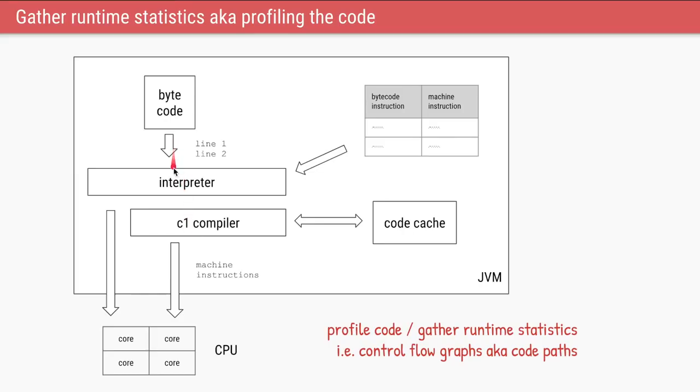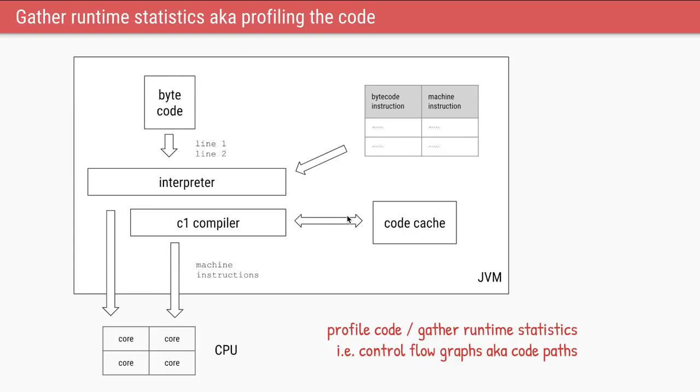So now the bytecode is being interpreted, and the methods which are used frequently are compiled and used from the code cache. Your application keeps running for a while, and in the background the JVM will start collecting runtime statistics of how your code is being executed, and this is also called code profiling. It will try to create control flow graphs or code paths of your code.